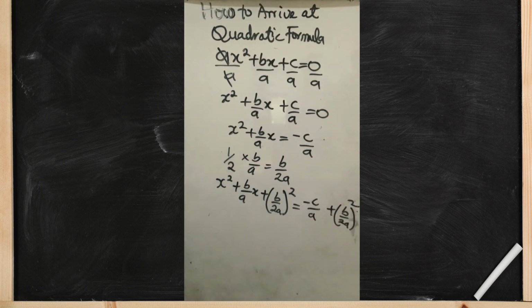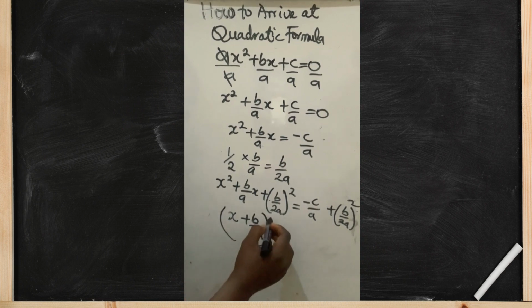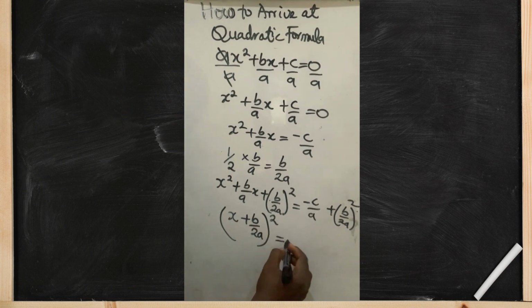Okay. So we've gotten this to this extent. Now, another thing that has been established in the past is that when you have something of this nature, then it can become x plus b over 2a, because the sign in here is plus, all squared, equals minus c over a.